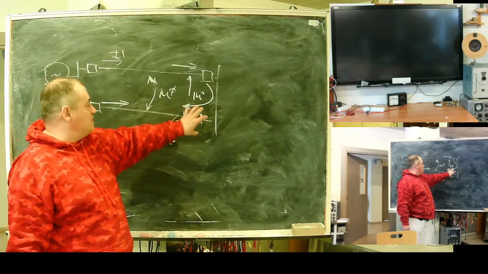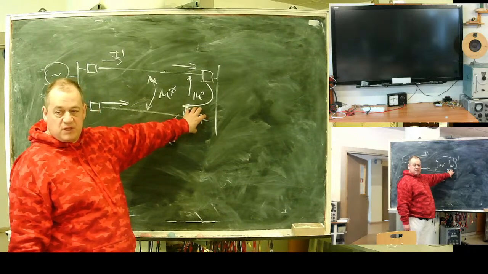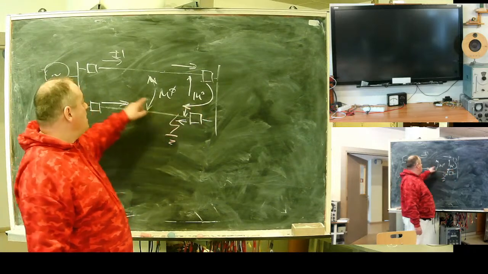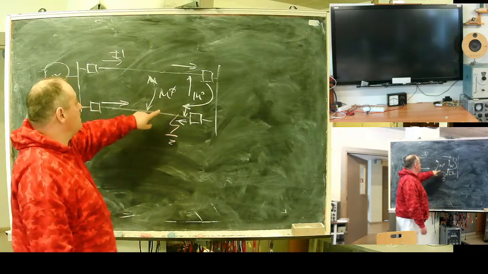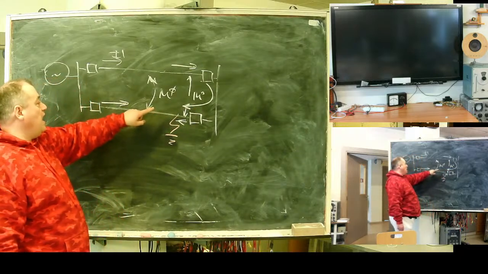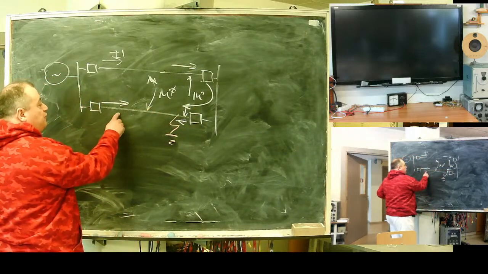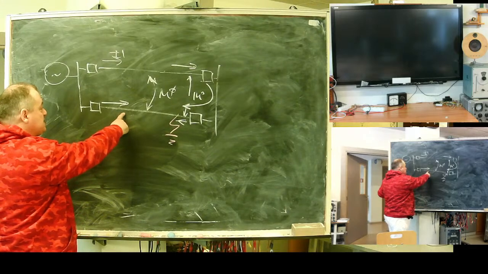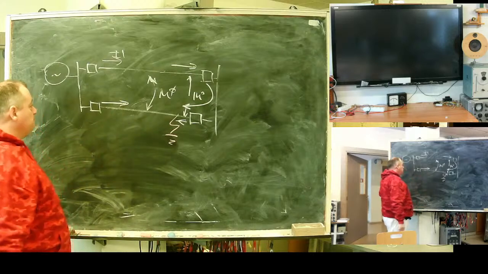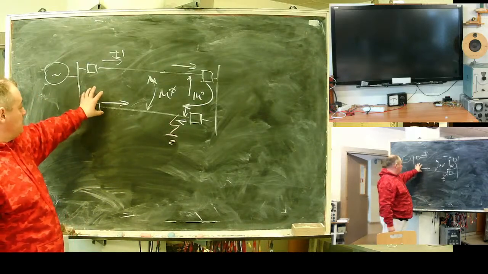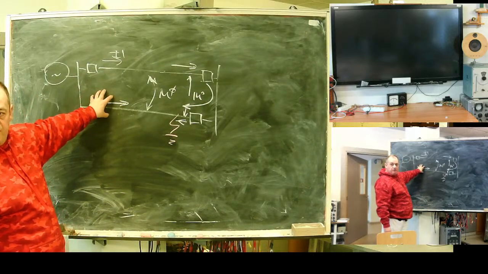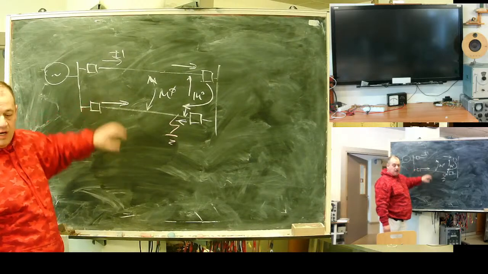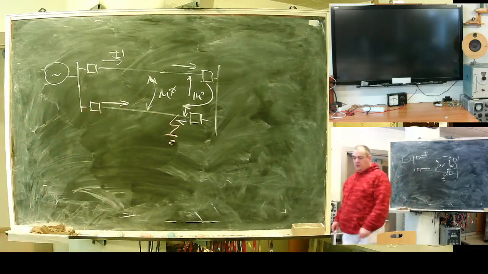When this relay trips, what happens? This ground current disappears, and all fault current flows here. This current increases, and operation conditions for protection here will be better. It's called cascade operation.